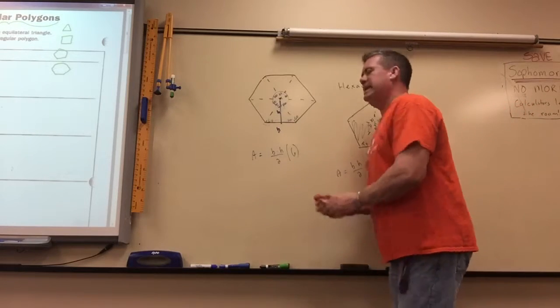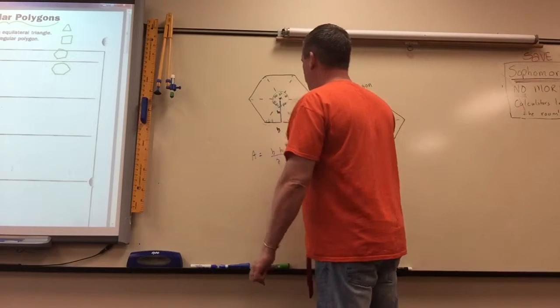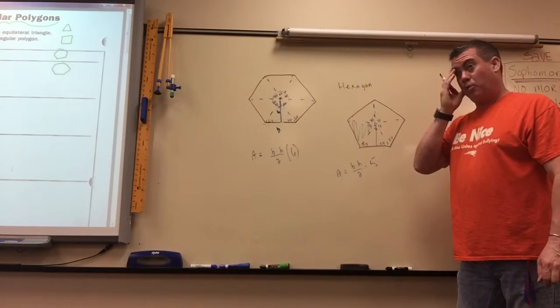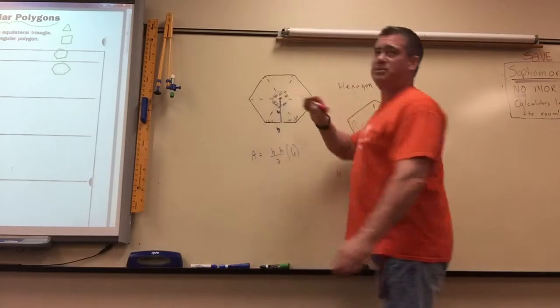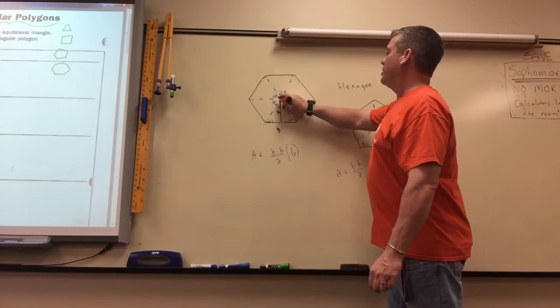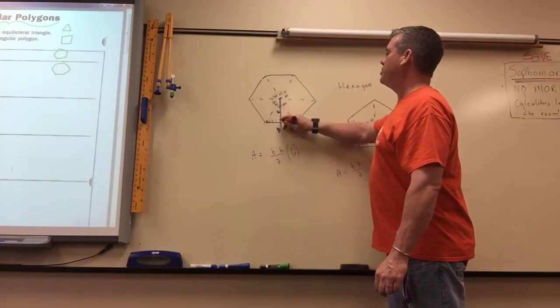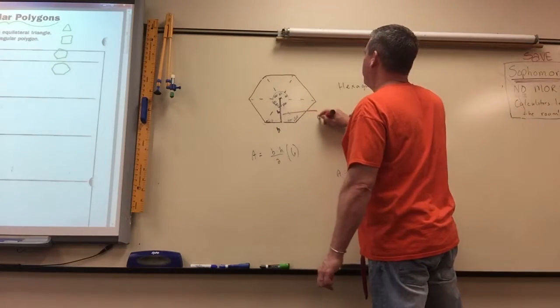In any regular polygon, those of you that take the Accuplacer, or when you take your ACT, you need to know this. The distance from the center to a vertex is a radius, but from the center to an edge is called an apothem.